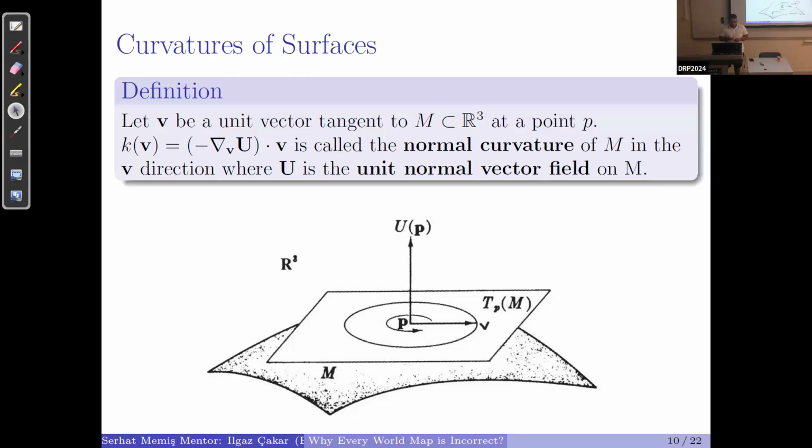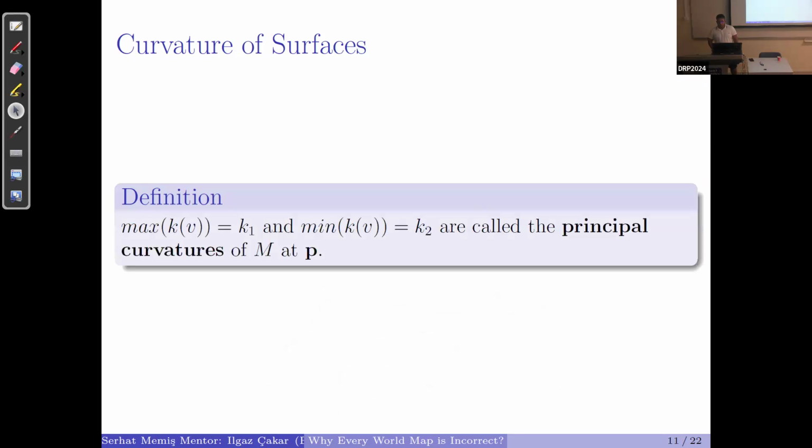So we can choose some specific ones, which are the minimum of the normal curvature and the maximum of the normal curvature. These are the principal curvatures. The maximum of the normal curvature, let's denote it K1. The minimum of the normal curvature, let's denote it K2. After this definition, we can define other curvatures by using K1 and K2.